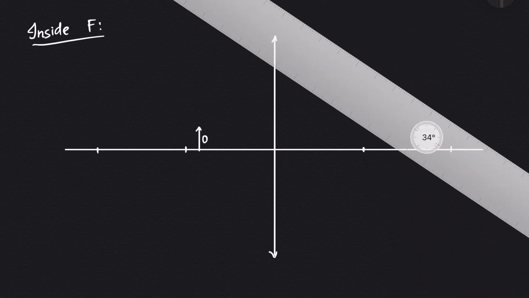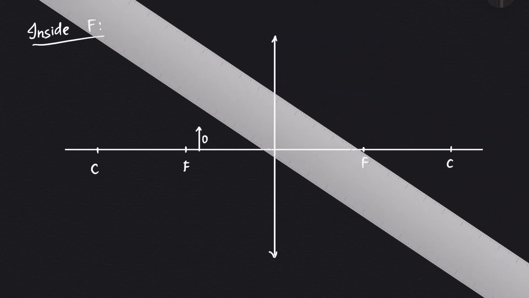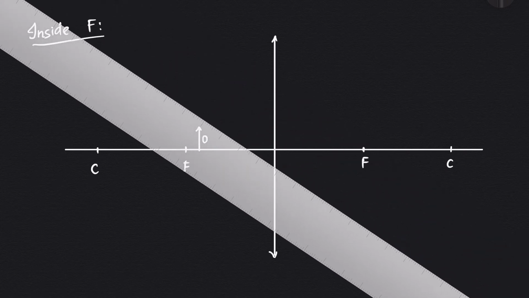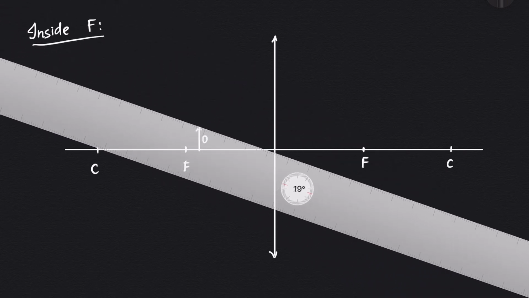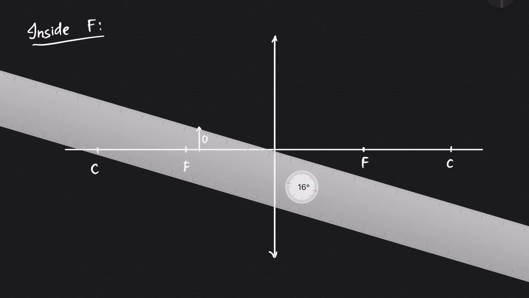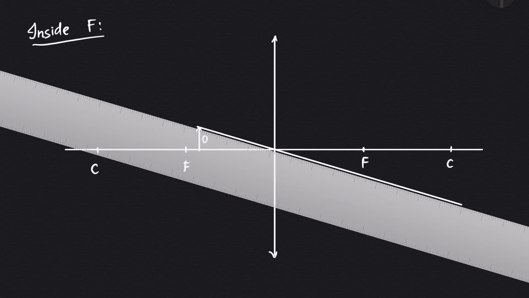Now what are the 3 lines? Remember, this is the focus, center of curvature. The first line is, remember, to draw directly through the center, so object and center. Draw a line passing through the object and through the center, and try to extend it on both sides. You will understand why you have to extend it on both sides.